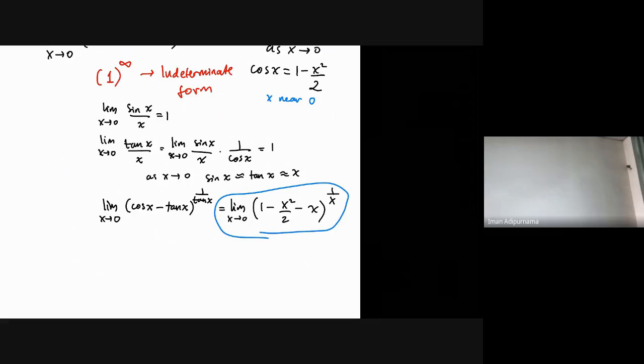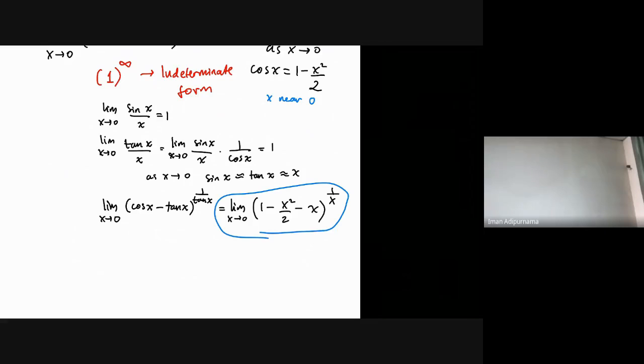So you can also do this. If you think it's too messy and complicated, another way is that because it's a limit, you can use all the limit trigonometry identities, sine x over x, 1 minus cos x, and others.